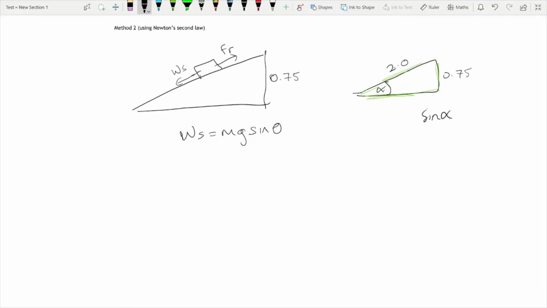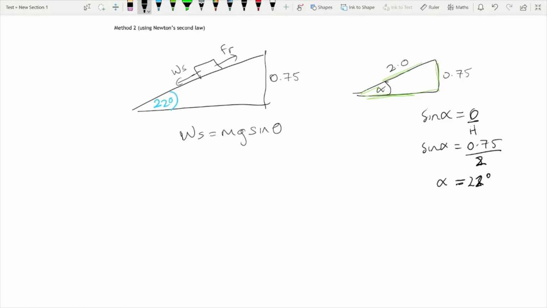Sine of alpha is opposite over hypotenuse, so sine of alpha is 0.75 divided by 2.0. Alpha is the inverse sine of 0.75 divided by 2, which is 22 degrees.